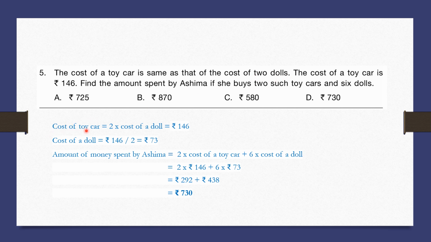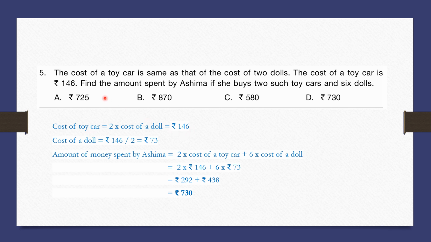So the cost of a toy car is 2 times the cost of a doll, which is equal to rupees 146. So now let's find out the cost of a doll. So the cost of a doll will be half of the cost of the toy car. So rupees 146 divided by 2 equals rupees 73.